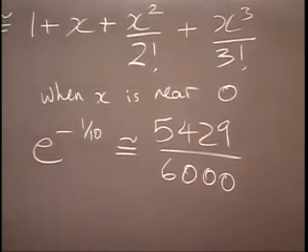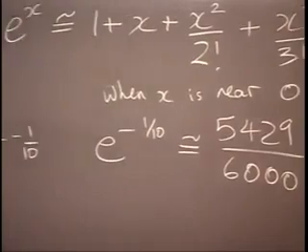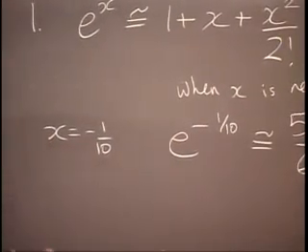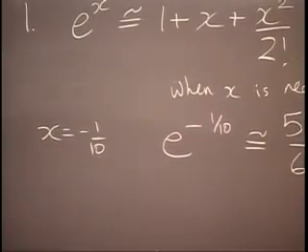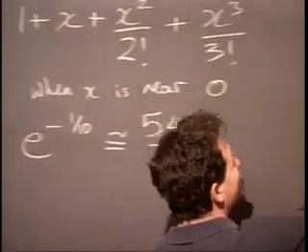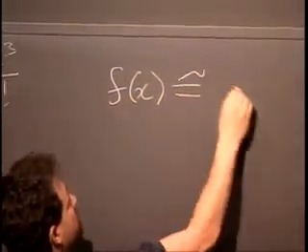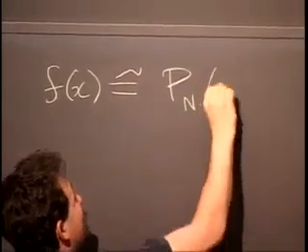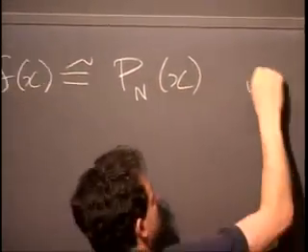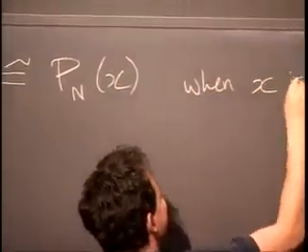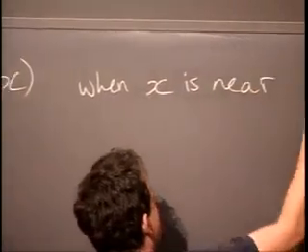Now, this, of course, is a very special case of the more general Taylor approximation theorem, which I wrote up last time, which basically said that f of x is approximately equal to Pn of x when x is near a.